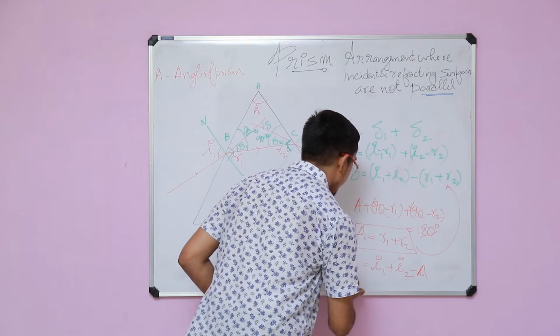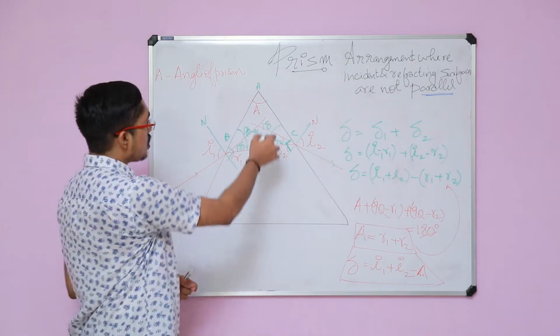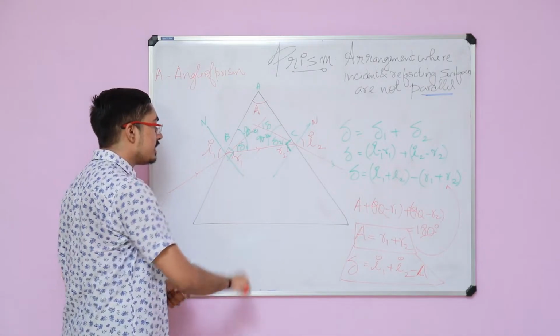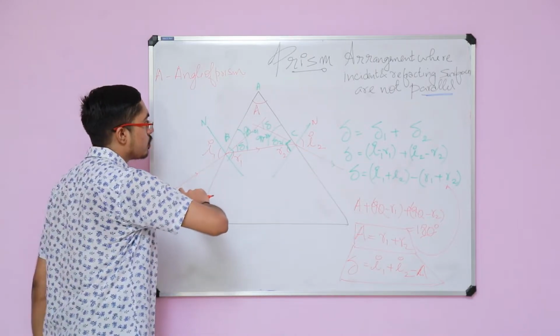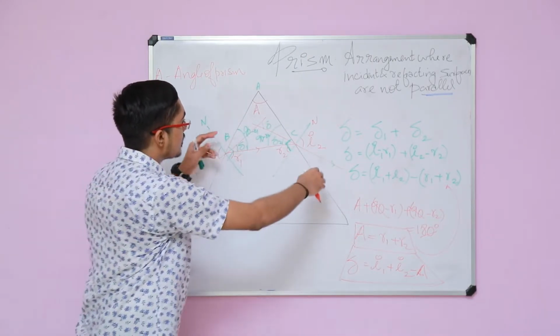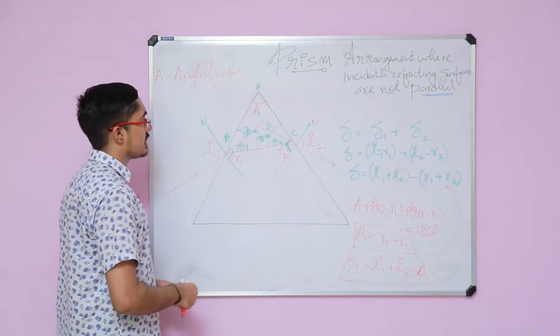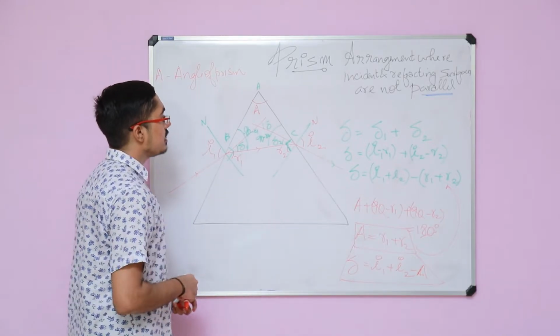So I1 plus I2 minus A is the total angle of deviation which is present over here. Angle of deviation is the angle between the incident ray and emergent ray, right. Had the incident ray gone in this particular direction and had the emergent ray come in this particular direction, that particular angle is delta.